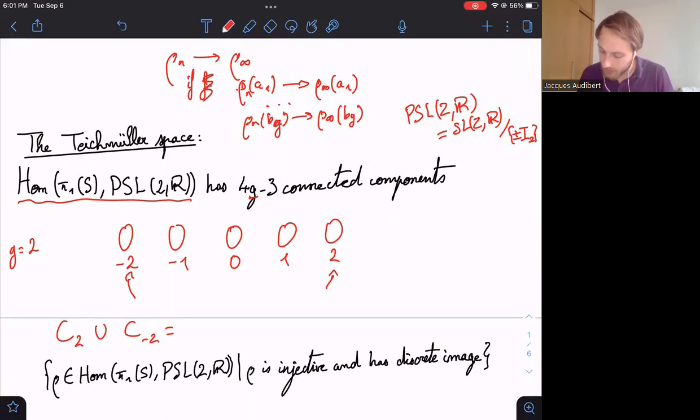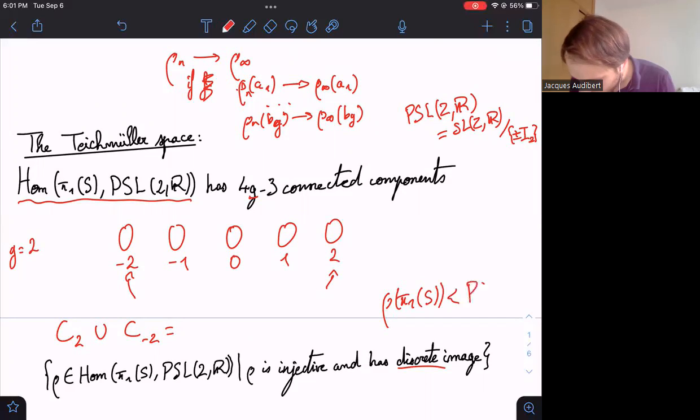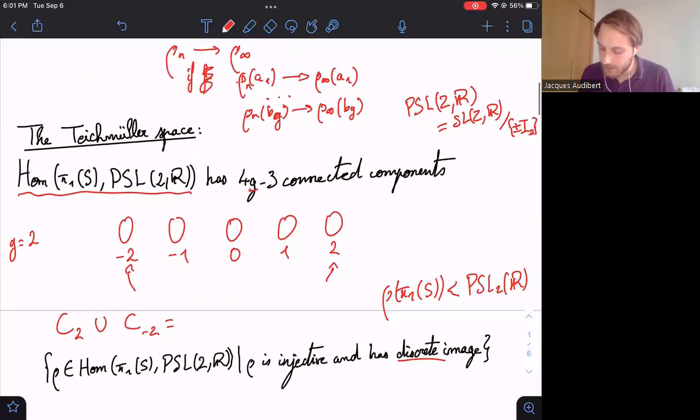Okay, so let me define what discrete image means. Since the image of the representation is a subgroup of PSL2R, we say it is discrete if the induced topology is discrete.